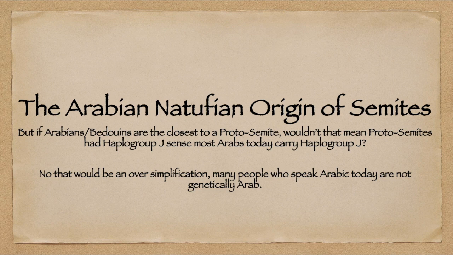Many people who speak Arabic today are not genetically Arabic. People who are true genetic Arabs would have a high amount of Natufian DNA and the old clades of E, the basal E that was in Arabia. Those would genetically be true Arabs, but there are a lot of people in Arabia with J markers who aren't Arab in origin.